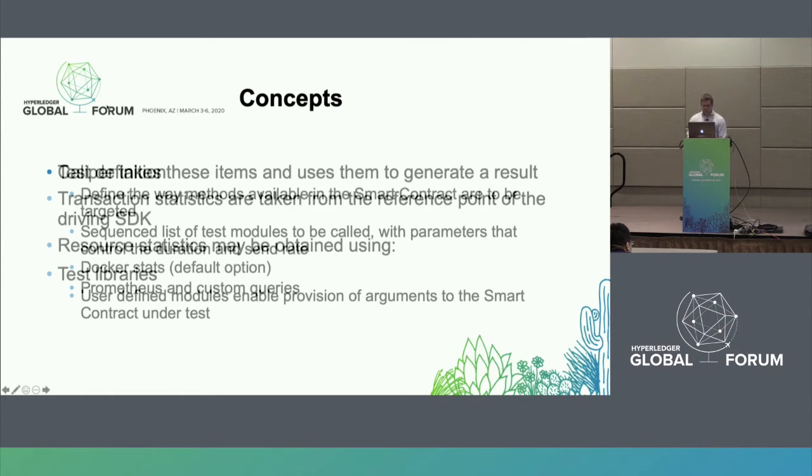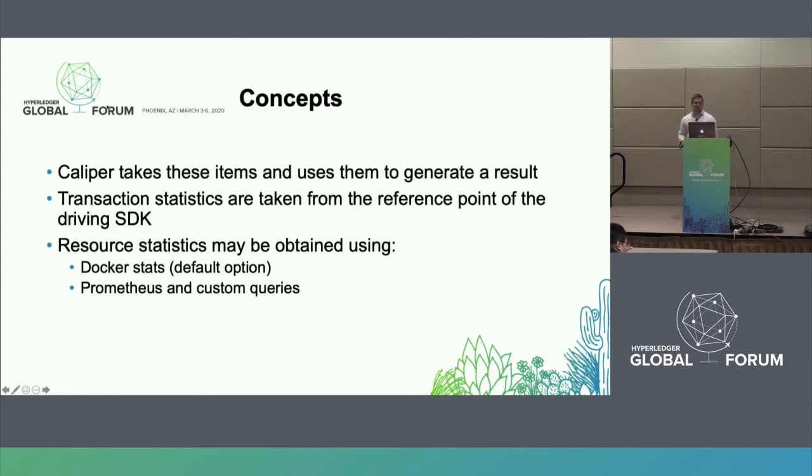And what does Caliper do? So Caliper takes these items, it takes the network, it takes the libraries and your test definitions, and it will then run through the test definition targeting these user modules. And once it's completed this, it's going to generate a result. Because we are running each transaction, we're monitoring what goes on, and we're going to be taking transaction statistics.